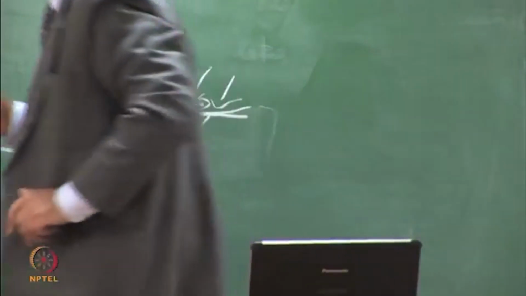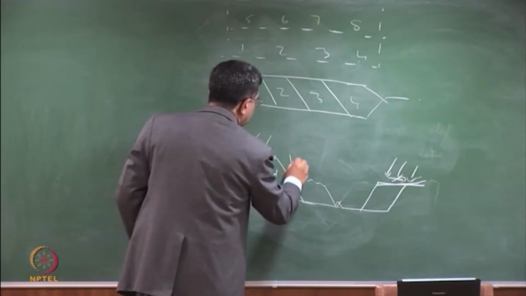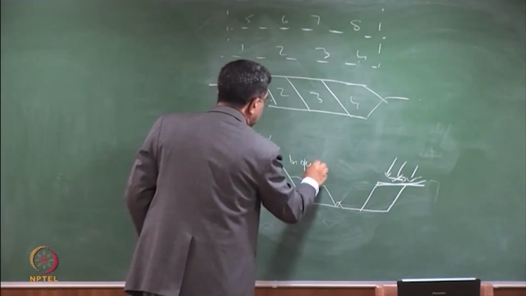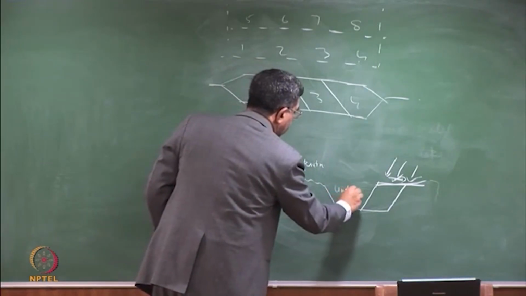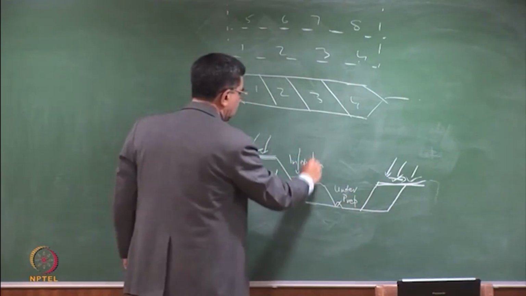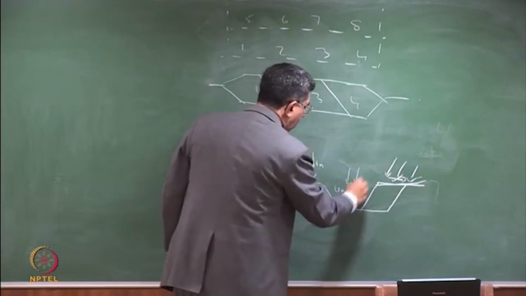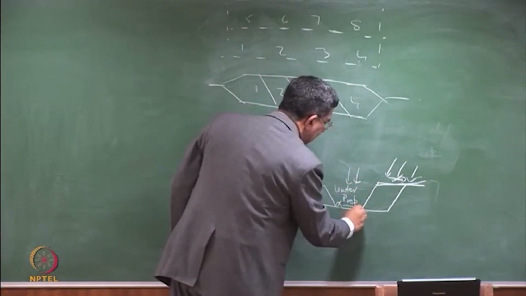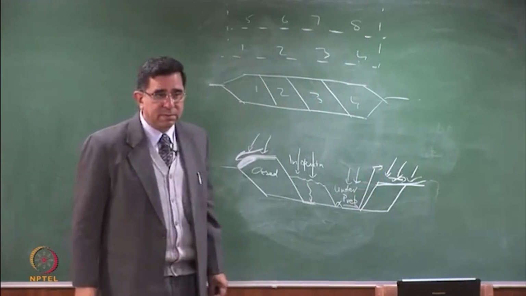So let me make closed, in operation, under preparation. So this rain will go down into the leachate collection system, and what rain falls here, it should go this side, and it should be taken out as surface runoff and put into the stormwater drain.